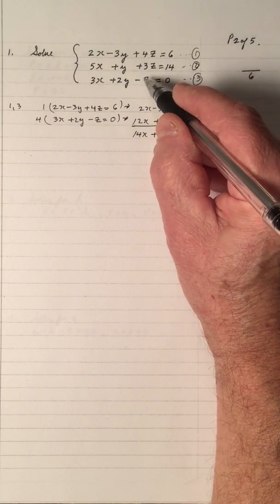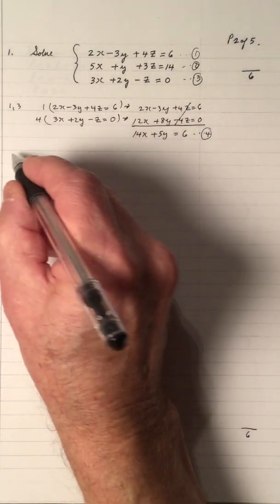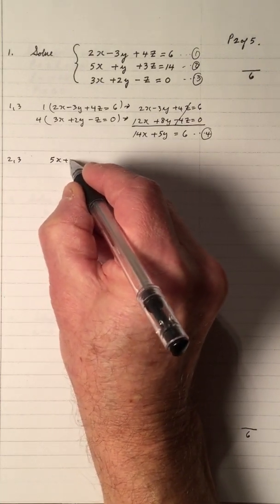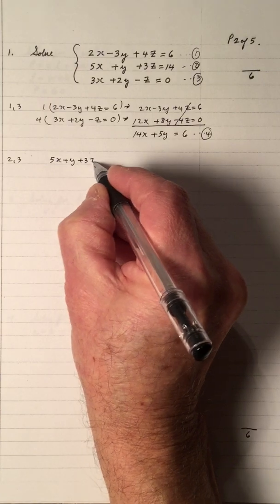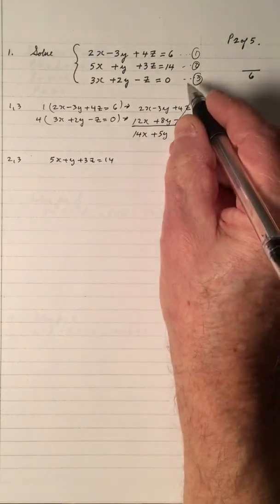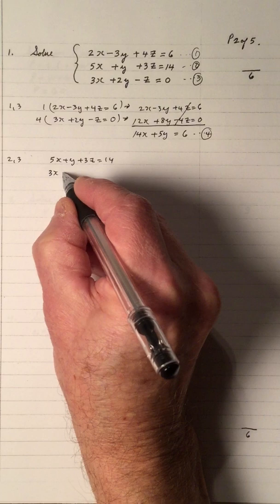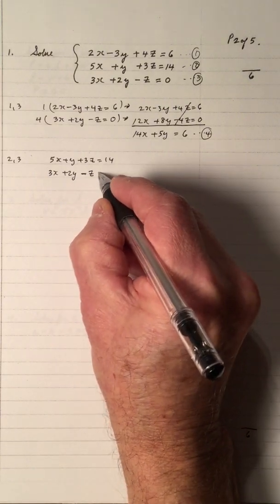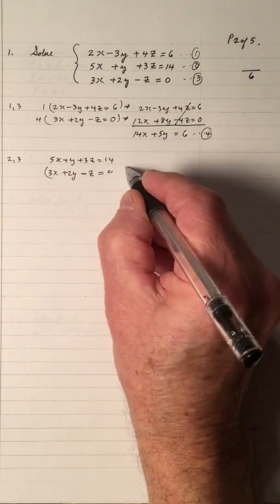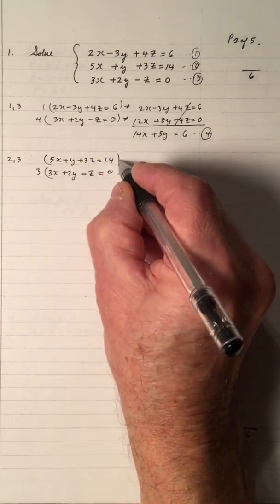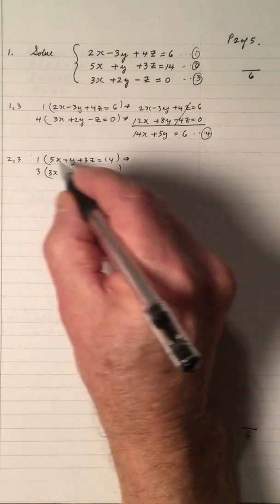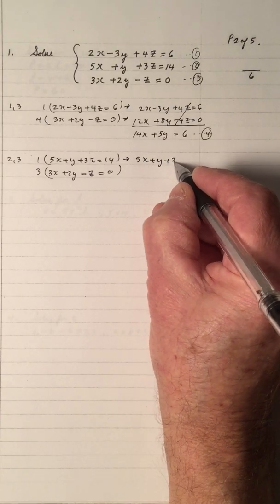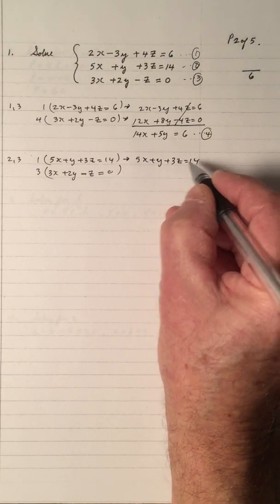Now I will take equation 2 and 3. Again, that's a 3. I need a negative 3 here, so I'll do equations 2 and 3. So equation 2 is 5x plus y plus 3z equals 14. Equation 3 is 3x plus 2y minus z equals 0. And I'll multiply this equation by 3, this one by 1. 1 times, so I get 5x plus y plus 3z is 14.